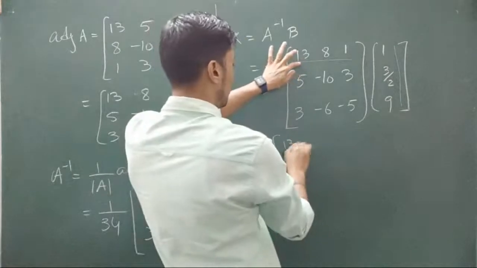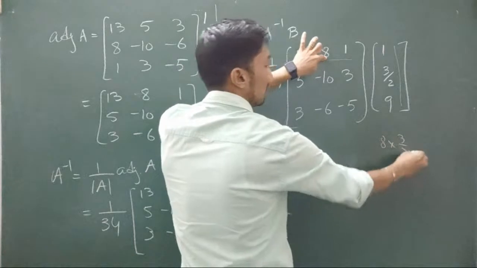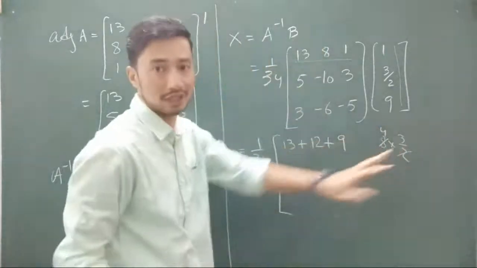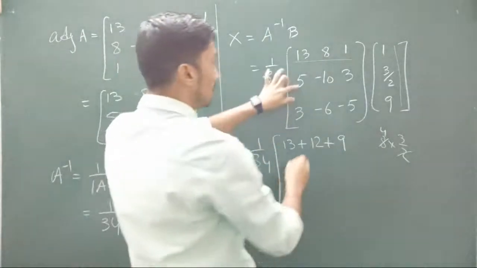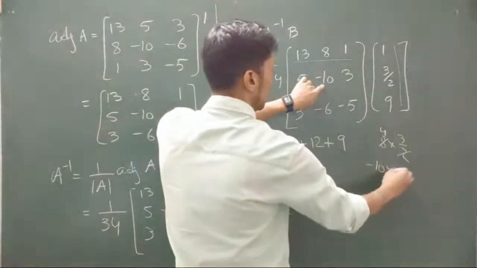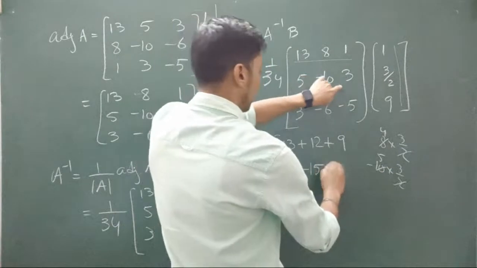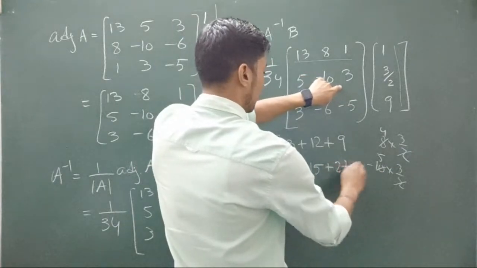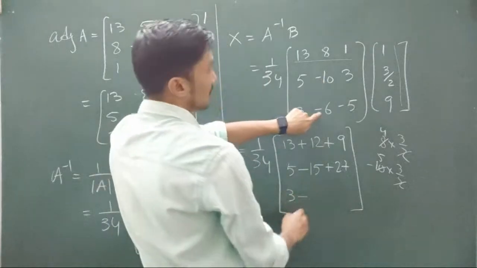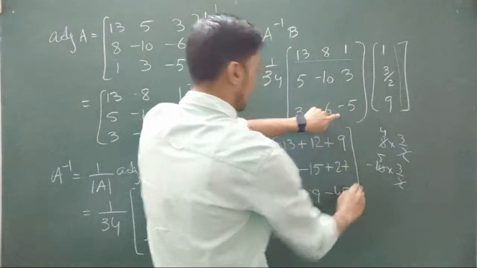13 ones are 13 plus 8 into 3 by 2. Like this. 8 into 3 by 2. 2 4s are 8, so 4 3s are 12 plus 9. That part, not that fraction multiplication part. Next, 5 ones are 5 minus 10 into 3 by 2. 2 5s are 10, so minus 15 plus 3 9s are 27. And lastly, 3 ones are 3 minus 2 3s are 6, 3 3s are 9, minus 45.